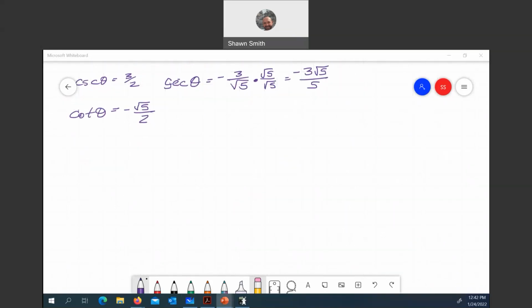All right, so we talked about the reciprocal identities, very, very useful. The next one are called the Pythagorean identities.